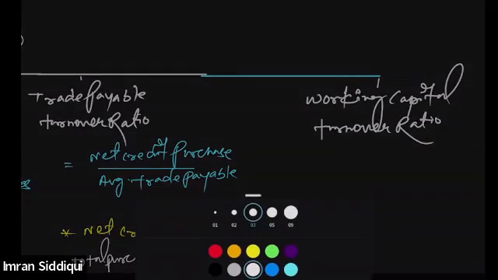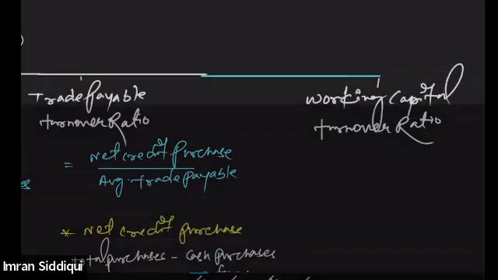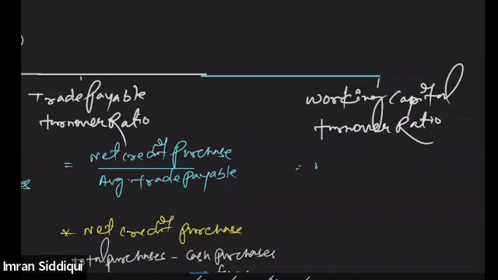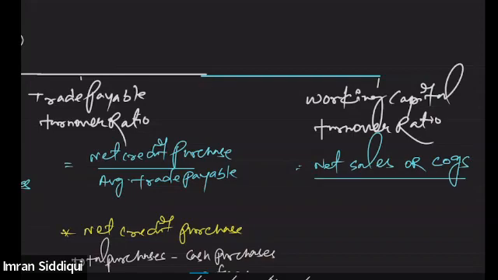We have a formula for this as well, which is net sales, or sometimes if the net sales is not given, you can take the value of the COGS, divided by the working capital.